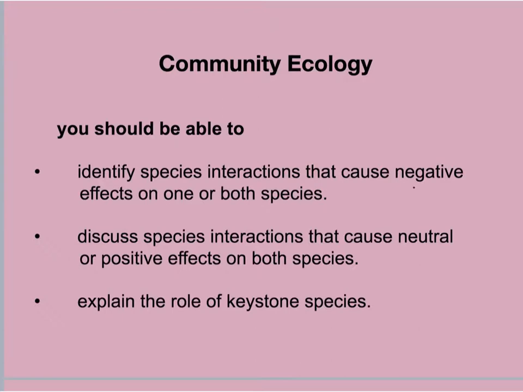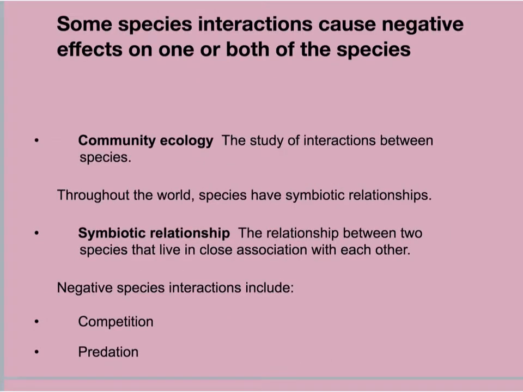So you need to be able to identify the interactions that cause negative effects on one or both species, discuss species interactions that cause neutral or positive effects, and then explain the role of what we call a keystone species. The science of community ecology is the study of interactions among species. Some interactions have negative effects on one or both species.